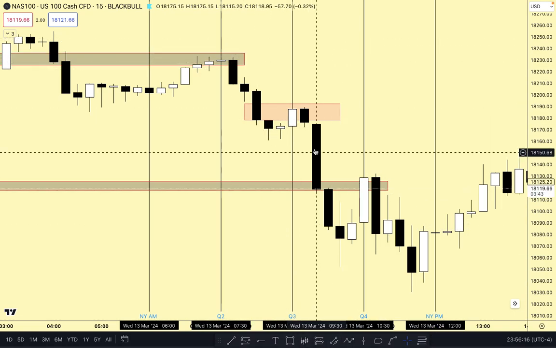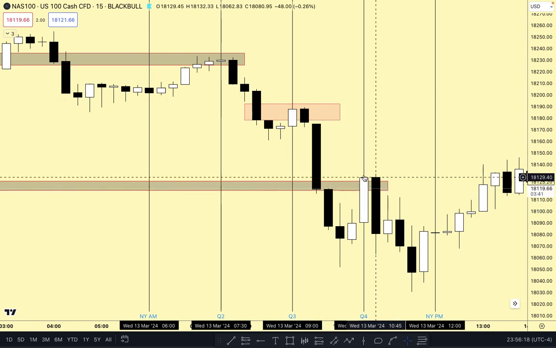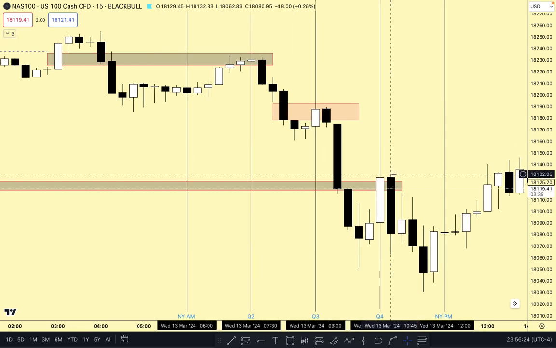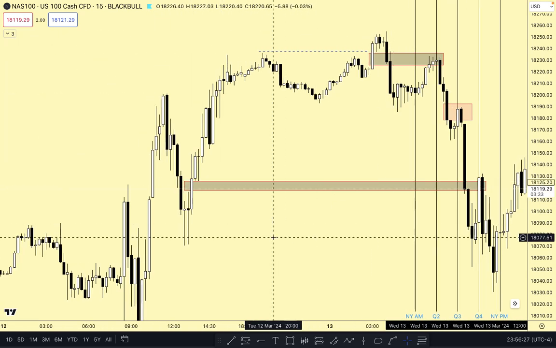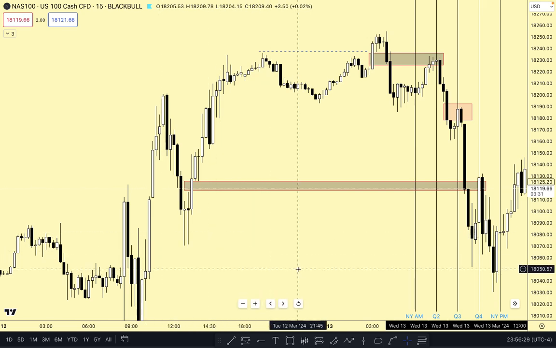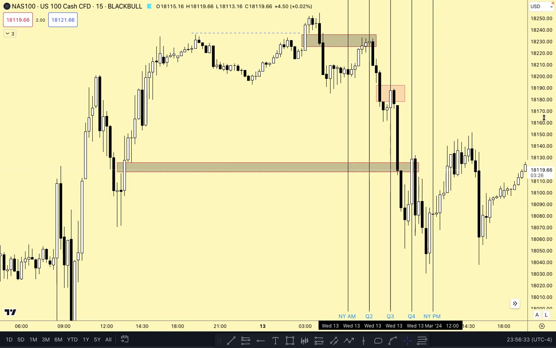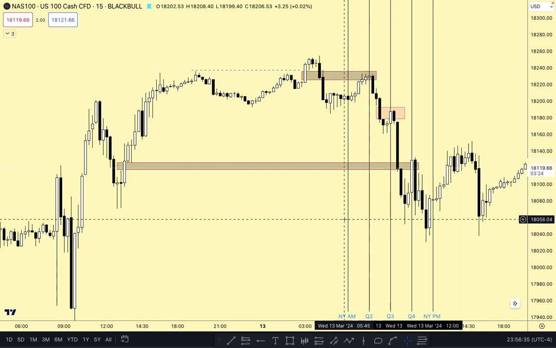Quarter 3, nice entry. Also got an entry there in quarter 4. It goes down, attacks that sell side liquidity ultimately for that entry over there. And this one as well. Did you see that? It's crazy. It's too much.